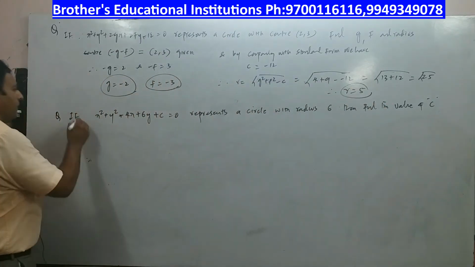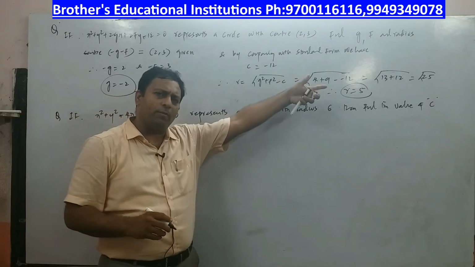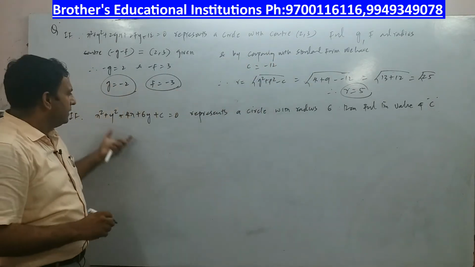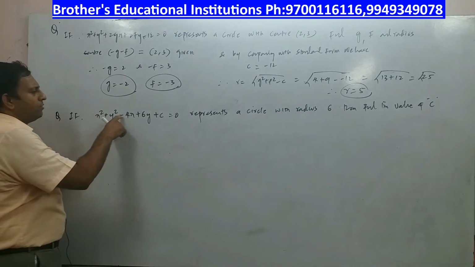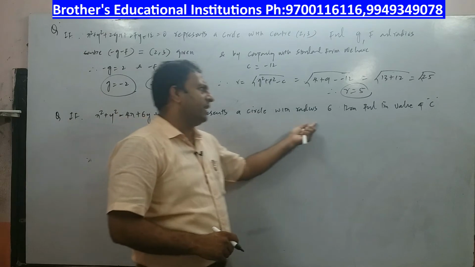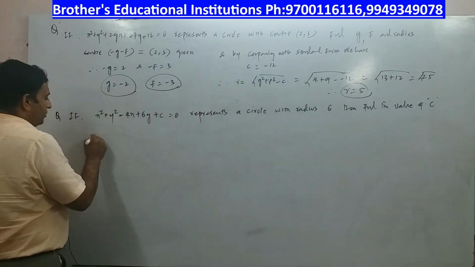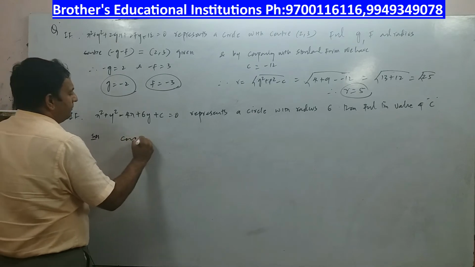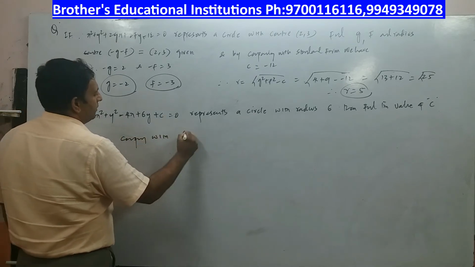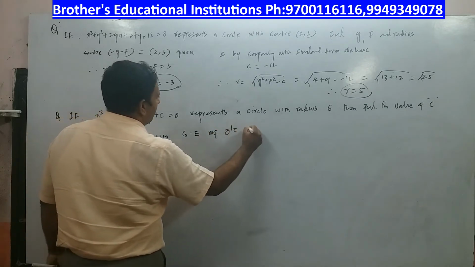Next question. If you can see, once the question is over, you can pause the video and you can copy the question. Alright, you can do that practice. Next question. If x square plus y square minus 4x plus 6y plus c is equal to 0 represents a circle with radius 6, find the value of c. So simple it is. What I do is, solution, comparing with general equation of circle we have.